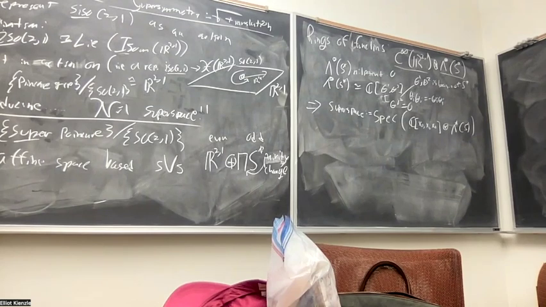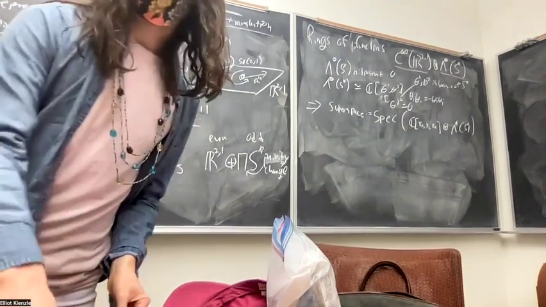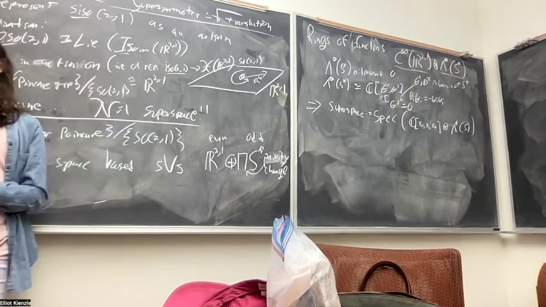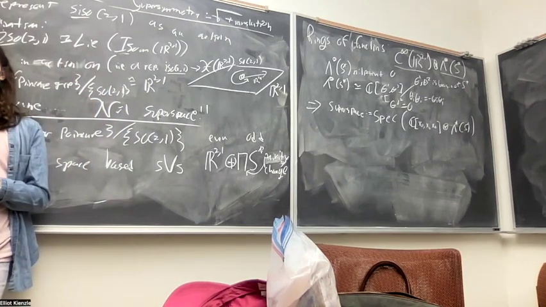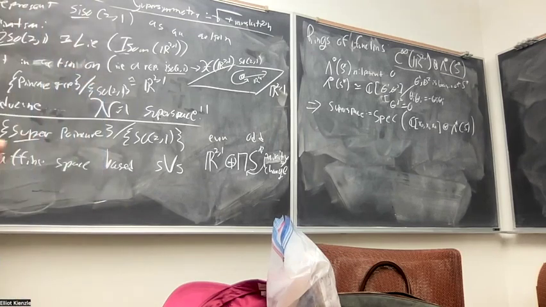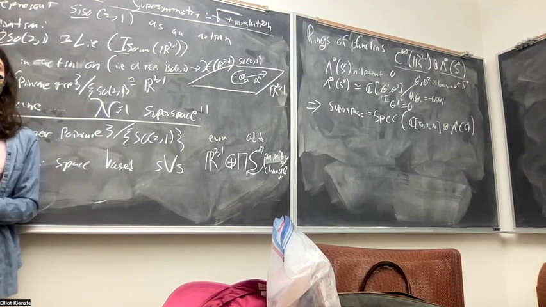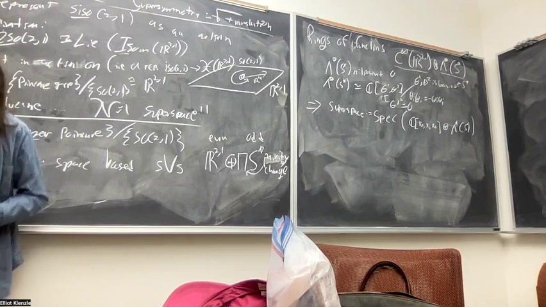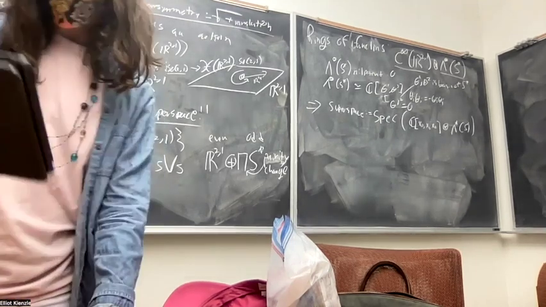If you're looking at a super algebra like this, then the spectrum has an underlying topological space, just the spectrum of the reduced part, so you quotient by all the odd sections, and you just have C adjoin x0, x1, x2. And then the ring of functions on this ordinary topological space is this sheaf of super rings, super algebras. Okay, thank you.